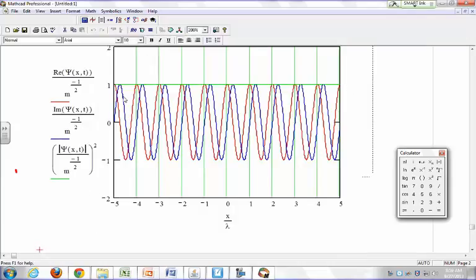You can see it's constant throughout the entire interval. Okay, and that's because, what did we say? Psi star psi is just equal to 1.